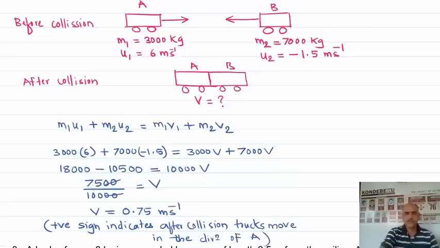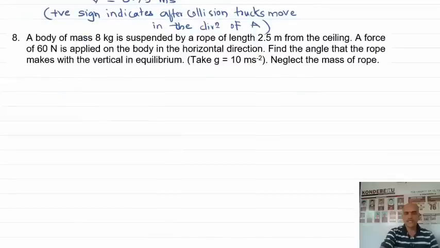Last, a body of mass 8 kg is suspended by a rope of length 2.5 meters from the ceiling. So this problem is from a model question paper which the board has released. So there is a body of mass 8 kg suspended by a rope of length 2.5 meters from the ceiling.